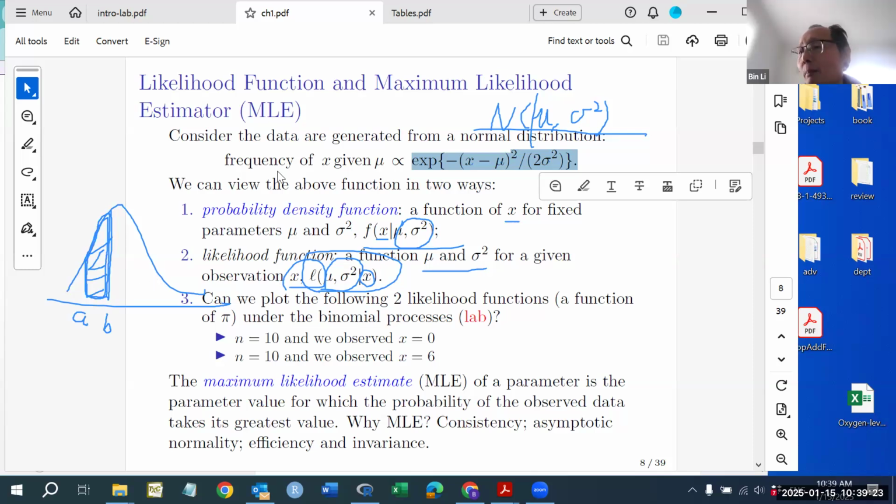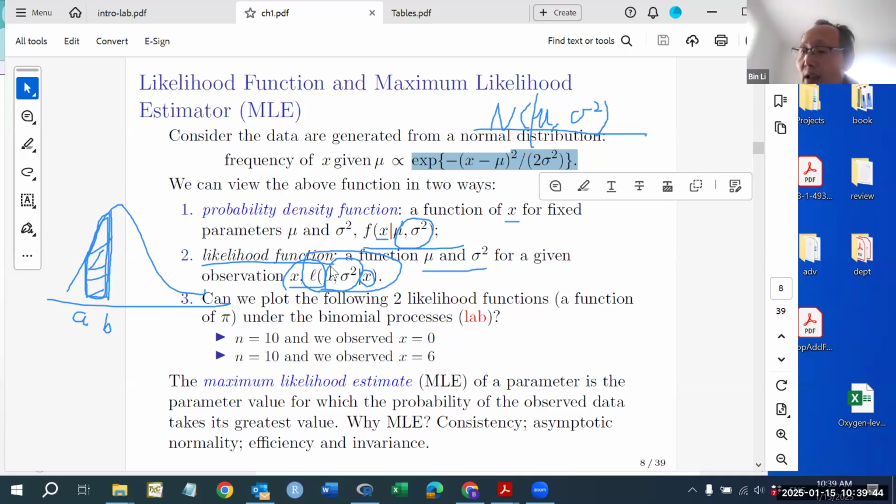So it's a probability. But the likelihood function is not a probability. That's why you can see the likelihood value can be greater than 1. Sometimes it's even higher than 1,000. It's possible because the likelihood function is not a probability.